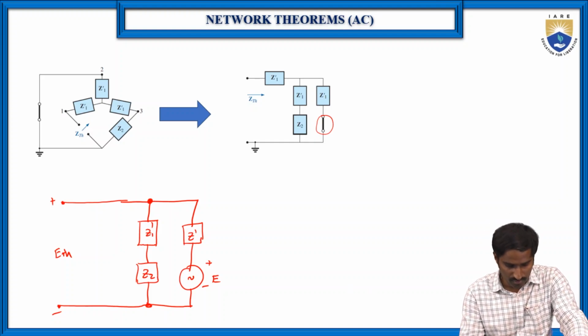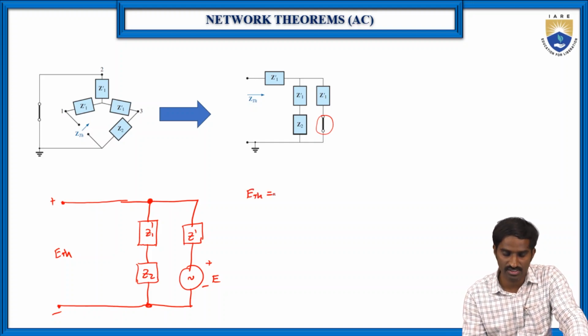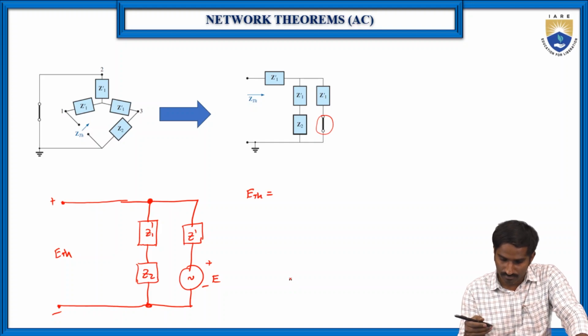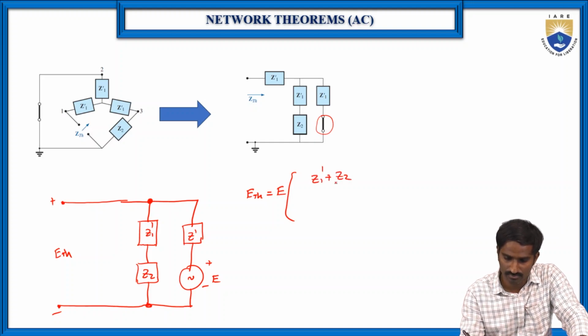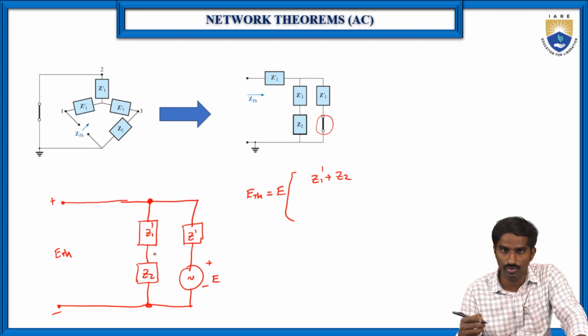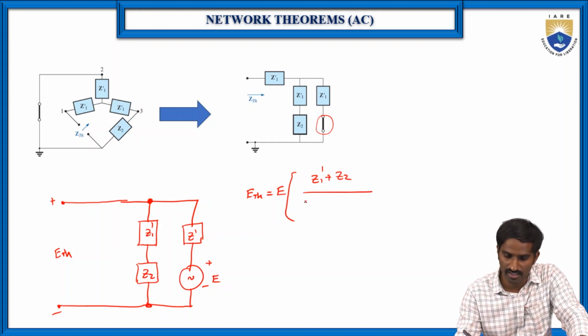According to the voltage division rule, E Thevenin is equal to the total voltage E, which we already know, into the impedance across which we need to find, Z1 dash plus Z2, divided by the total impedance, Z1 dash plus Z1 dash plus Z2.